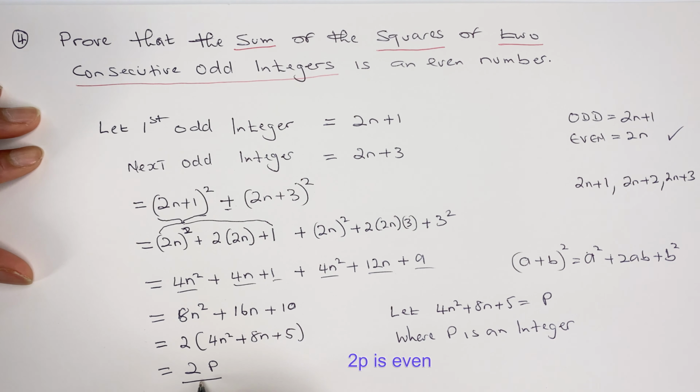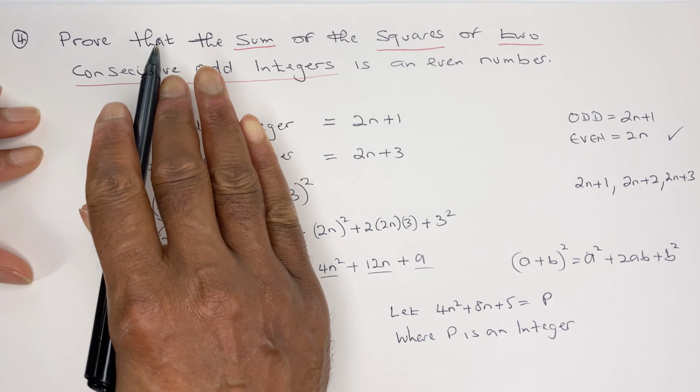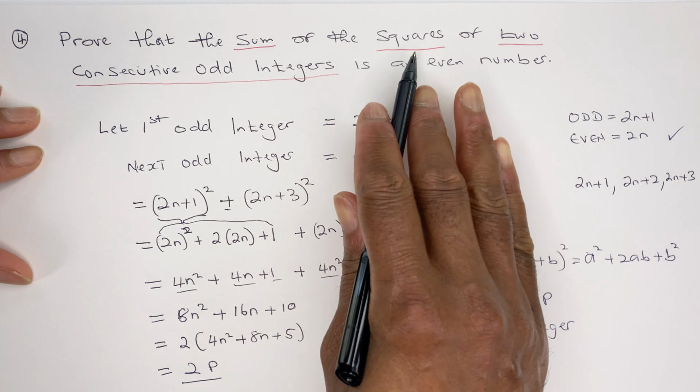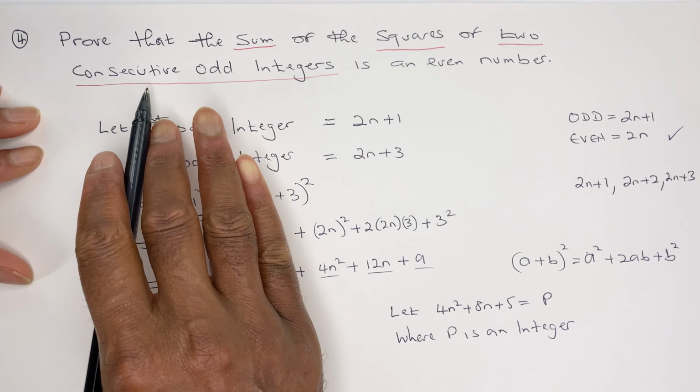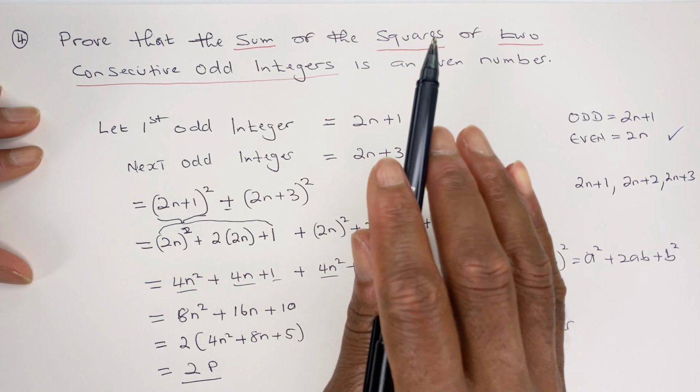So 2p is even, and therefore we have just proved that the sum of the squares of two consecutive odd integers is an even number.